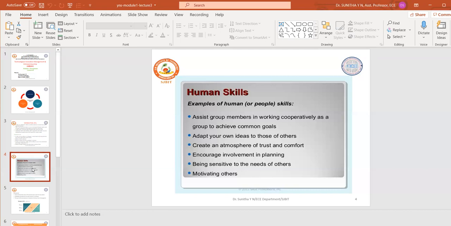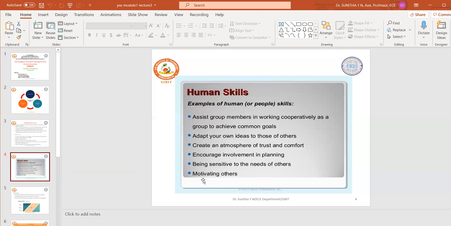Always try to motivate others. That is one type of human skill. If you are working in the capacity of a manager, then you have to motivate the subordinates. And how to motivate, you have to give financial or non-financial benefits, so that they will get financially benefited and they will get motivated.